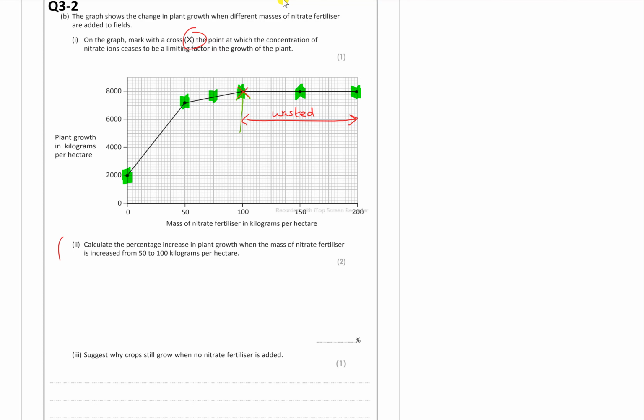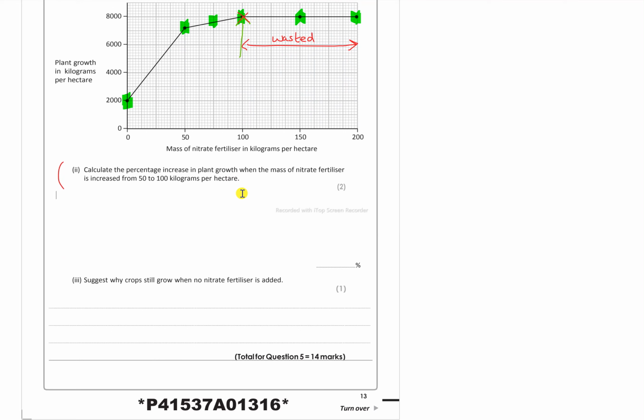Calculate, oh, I think this is a maths question, but let's have a look. Calculate the percentage increase in plant growth when the mass increases from 50 to 100. So at 50, the plant is 7,200.